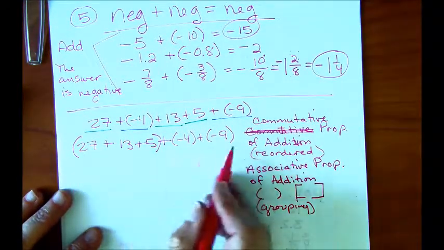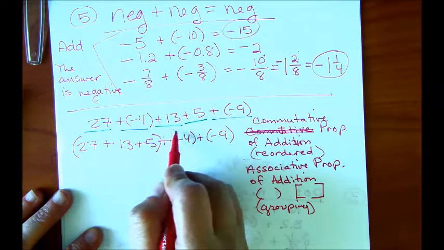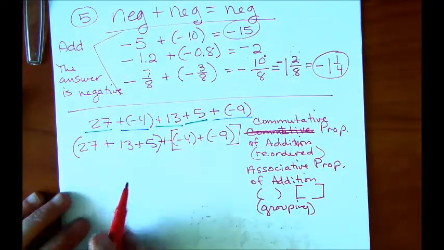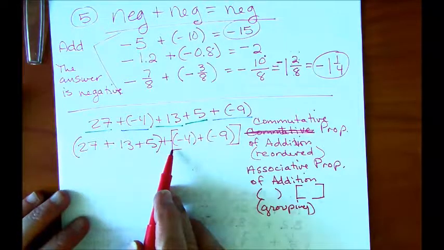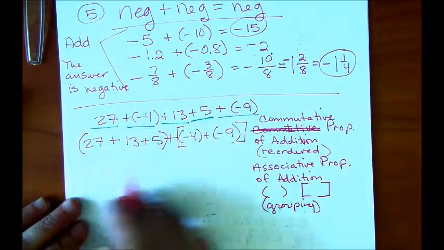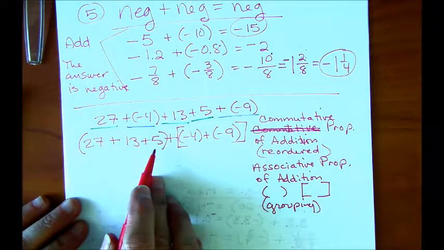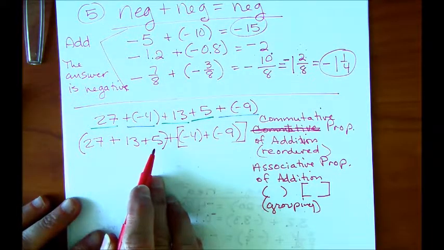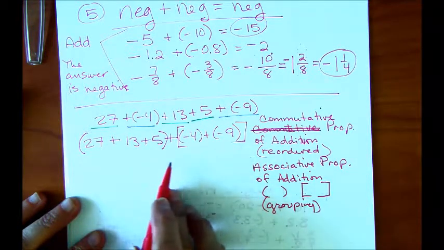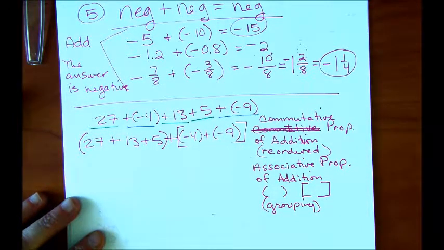Then I'm going to group my negatives, and in this case I'm going to put brackets. Basically, brackets are the same thing as parentheses. Now, instead of solving the whole thing, I'm just going to solve this addition problem first, then this addition problem, and then I'll solve the last addition problem.